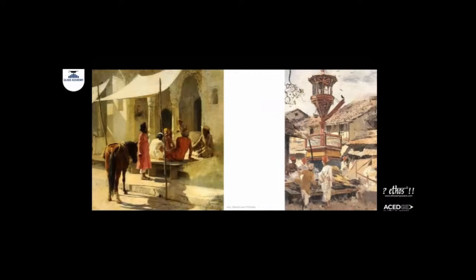And a few artworks by Edwin Lott Weeks to demonstrate how these interactions happen before independence or immediately after independence.